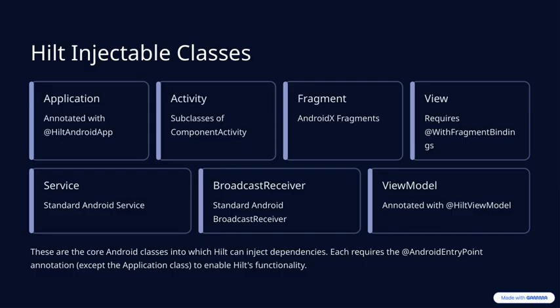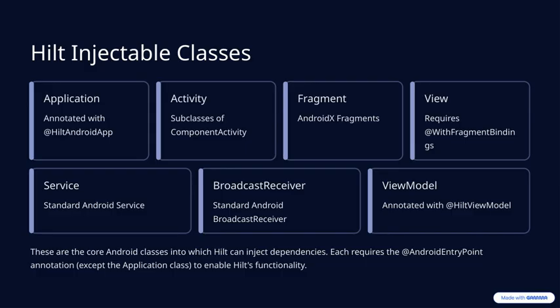For fragments, since they are part of the AndroidX library, Hilt works with them as well, but they also need the @AndroidEntryPoint annotation to enable injection. When it comes to the view layer, you need to use WithFragmentBindings to inject dependencies into your views, making UI components more testable and modular. Services are straightforward.